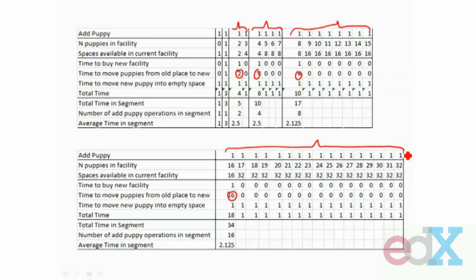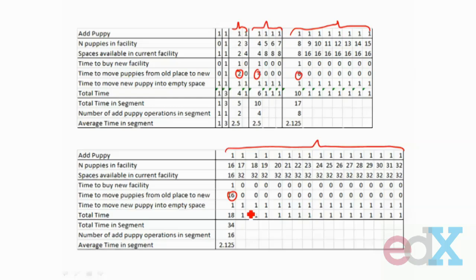So regardless of the size of the segment, or regardless of however many we need to add at any given time, whenever we create a new facility, we can spread it out amongst all the new puppies that we can add for that one facility and that segment. All this tells us is that the time it takes to add a puppy, on average, doesn't depend on the size of the facility at all.